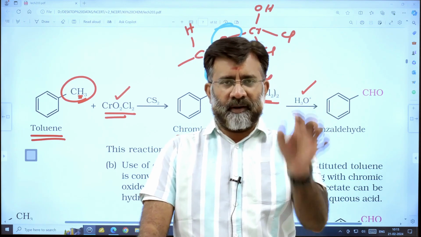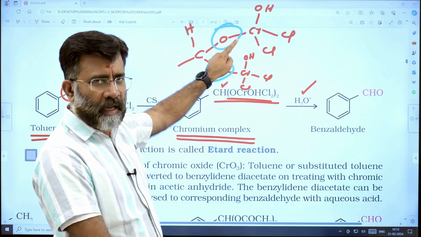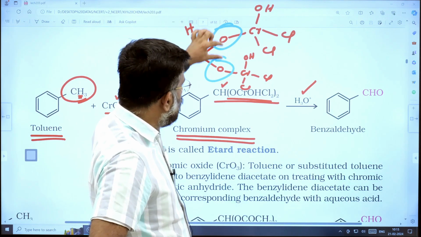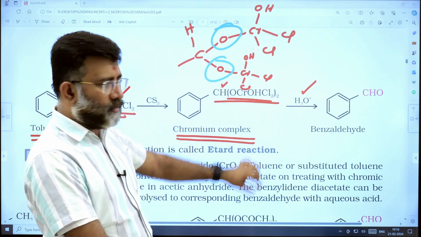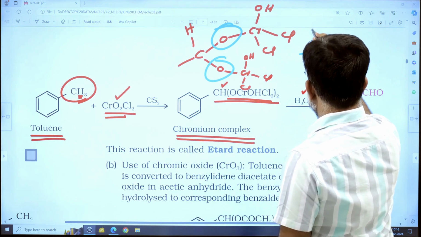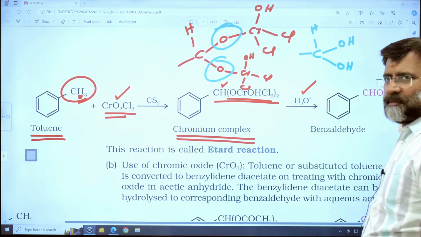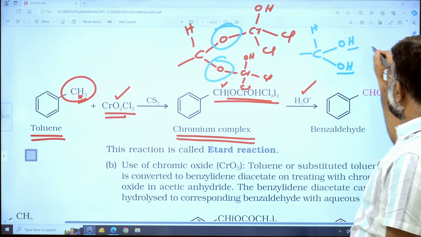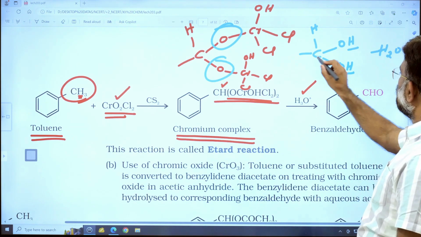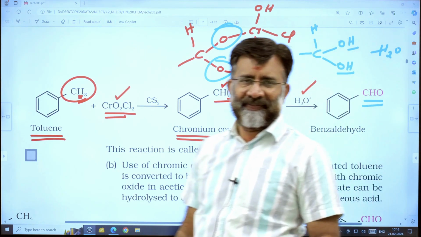In every such situation when hydrolysis happens, it will eliminate a water molecule and it will turn CHO. Just imagine you will lose a molecule of water and you will get CHO like that.